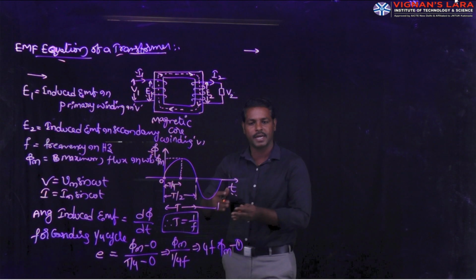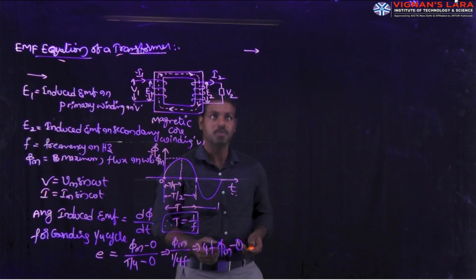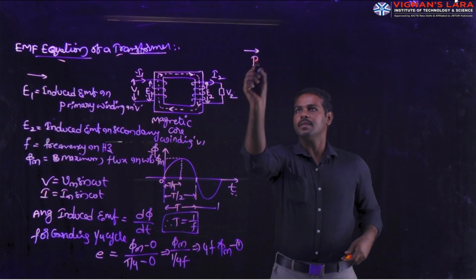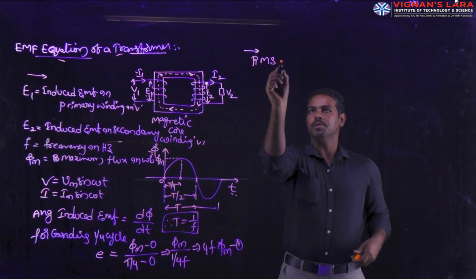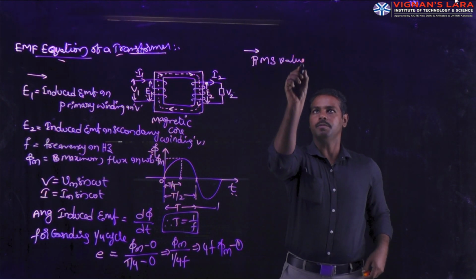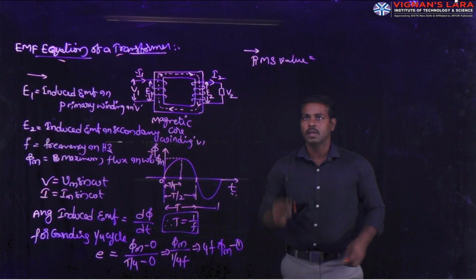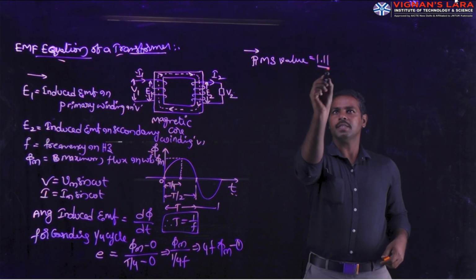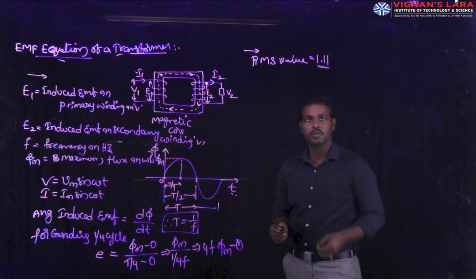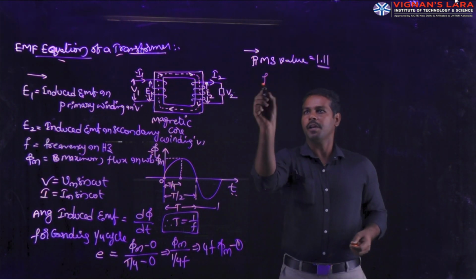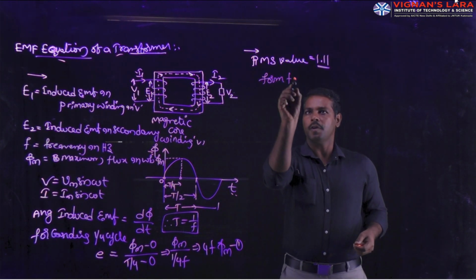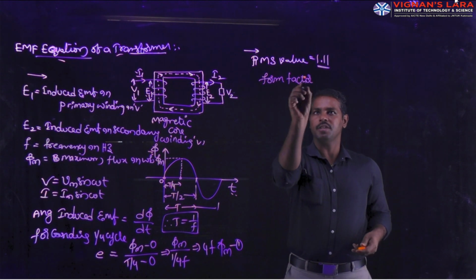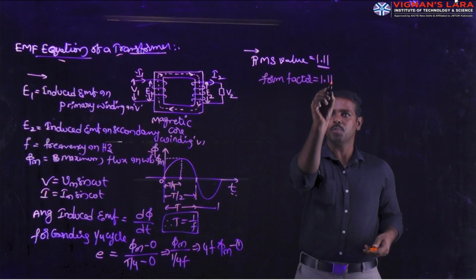So RMS value is equal to 1.11 times the average value, where 1.11 is the form factor of a sinusoidal quantity.